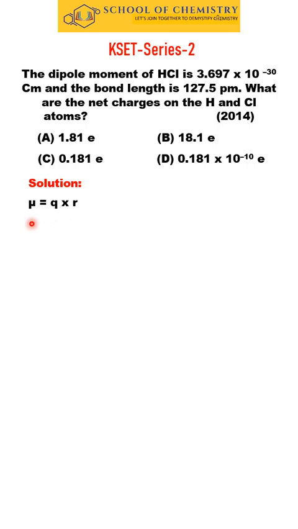The dipole moment is given, and R is also given as 127.5 picometers. You are supposed to calculate Q. By rearranging, we get Q equal to mu by R. Substituting the values, the dipole moment is 3.697 into 10 raised to minus 30 coulomb meter, and R is 127.5 picometers.